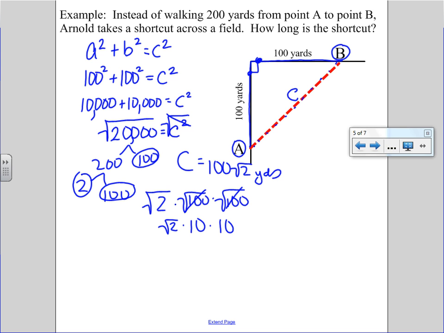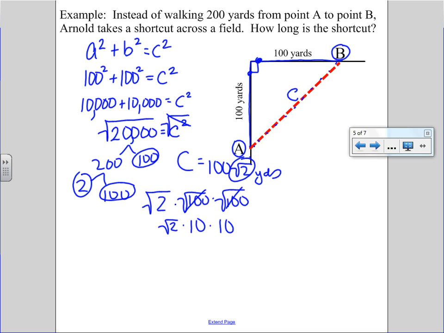Okay, now whenever we find this answer like this, this is like whenever we were first solving these type of problems, and I said, well, how far is 100 radical 2 yards? How far is that? Well, we don't know how far it is, so we have to use the approximation. So the approximation for radical 2, you may or may not remember.